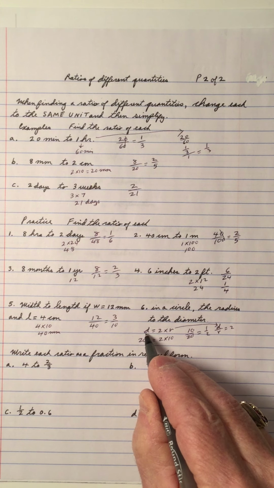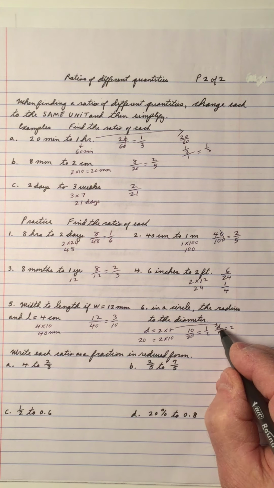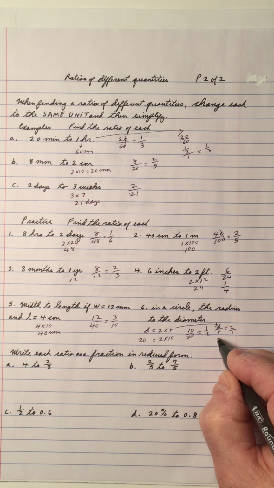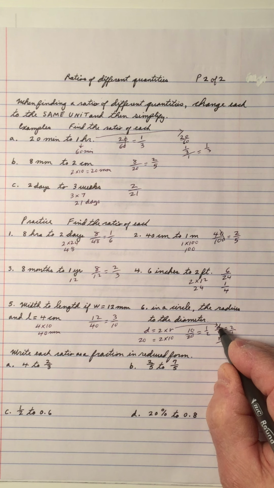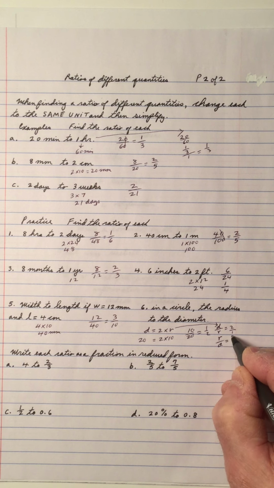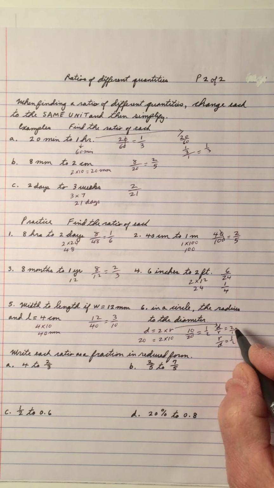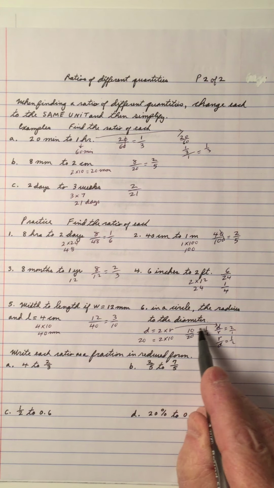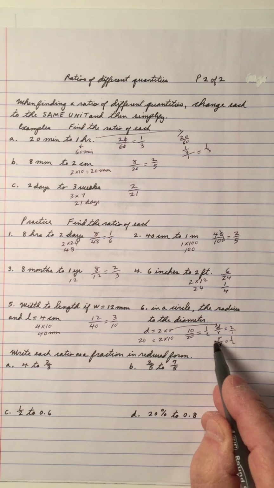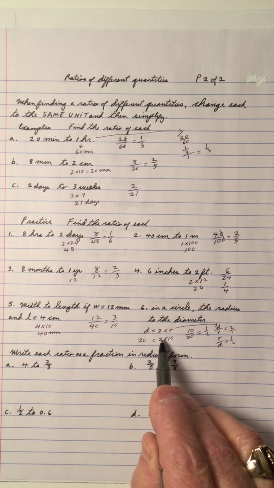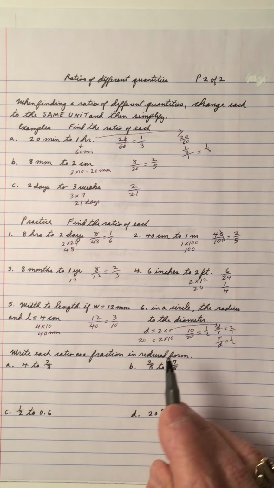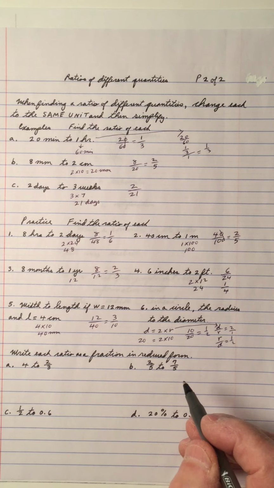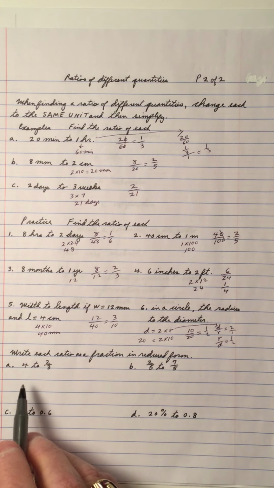Divide by r, they cancel, so you get d over r. And if d over r is 2 over 1, then if you flip it upside down and go r over d, you get 1 over 2. So just a different way of thinking with your math to help you out. Or you can use your head and plug in a number, but I know that the radius is half the diameter, so the ratio is a half.